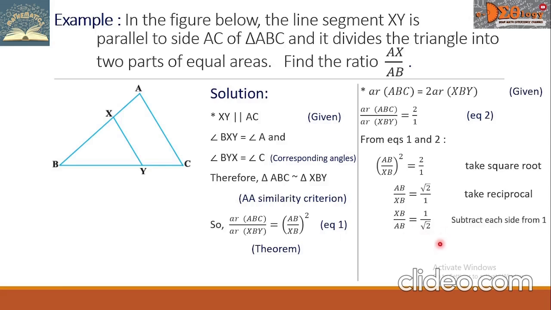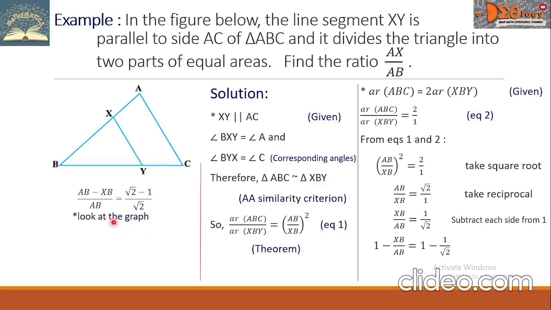From here, let us subtract each of the sides from the value 1. We have on the left 1 minus XB over AB equals 1 minus 1 over square root of 2. When we combine each side as one fraction, the left side becomes AB minus XB over AB equals, the right side is now square root of 2 minus 1 over square root of 2.